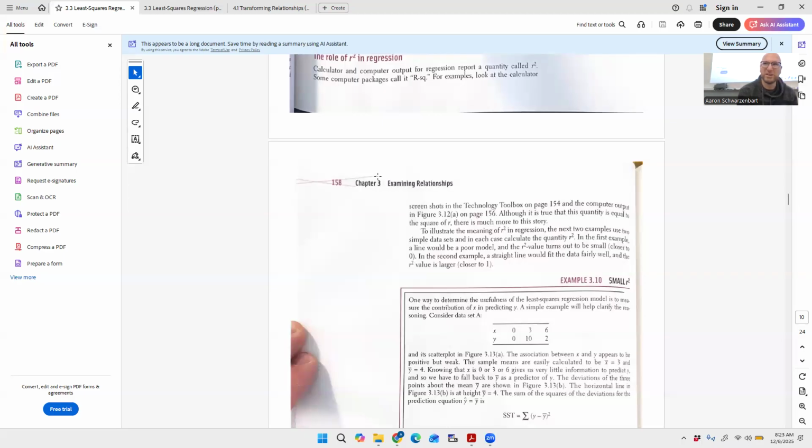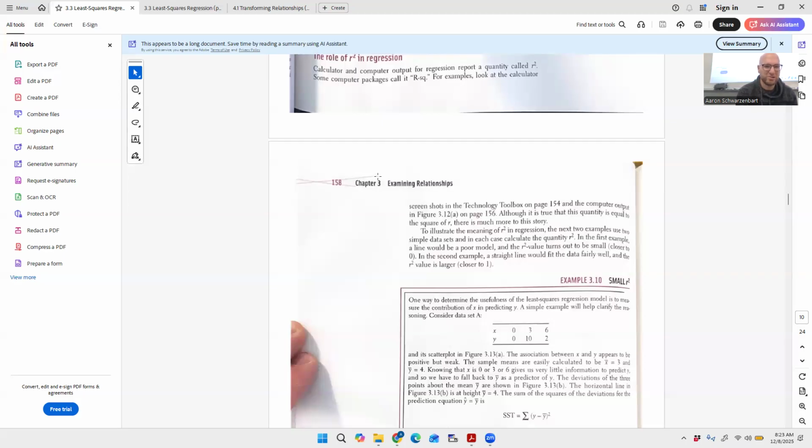There's an alternative way to calculate it, which I think is why it actually works on some of the other ones. They might just be square rooting R squared when they give you an R value. Remember, negative R's mean negative slope. Positive R's mean positive slope. Close to 1 or negative 1 is good. Close to 0 is horrible. 0.5 is actually pretty bad.